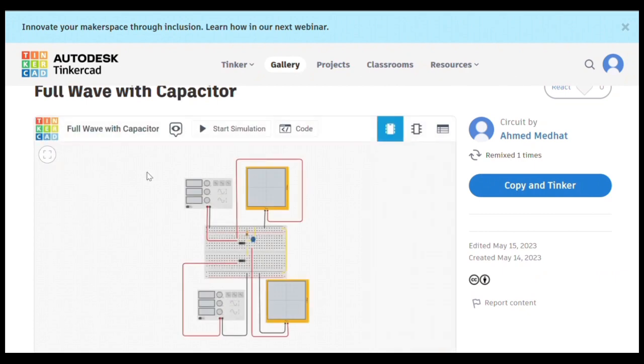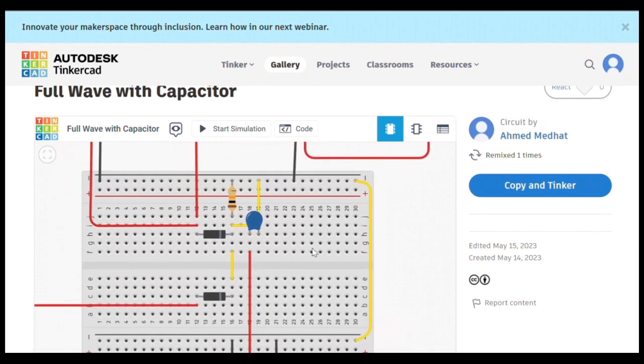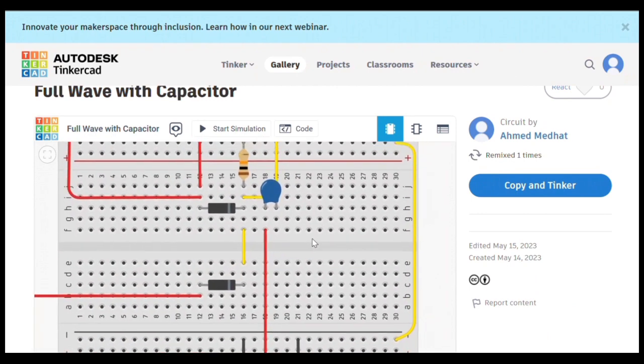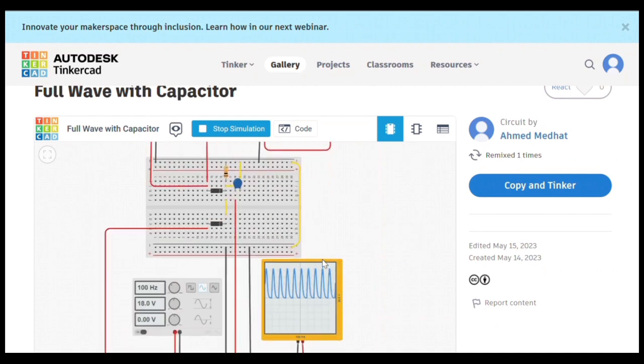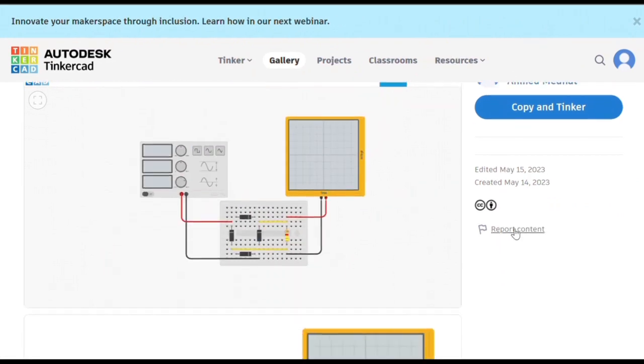During the positive half cycle of the input voltage, current flows through one diode and the load resistor, and during the negative half cycle the current flows through the other diode and the load resistor. The second type of full wave rectifier is the bridge full wave rectifier.